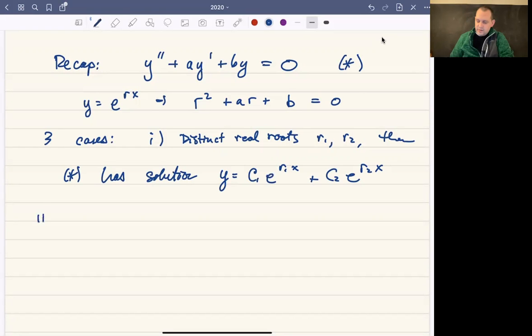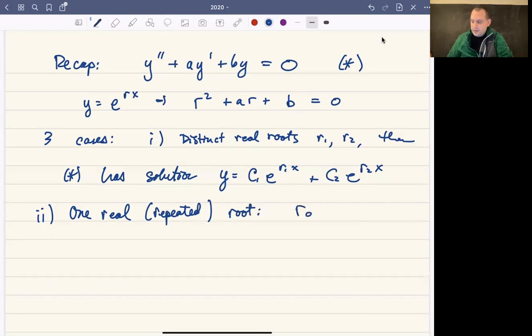The second scenario is that if you have one real root, so this is a repeated root, or a root of multiplicity 2. Say r0.